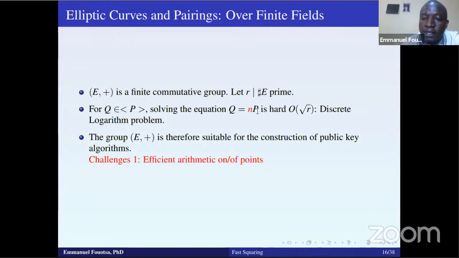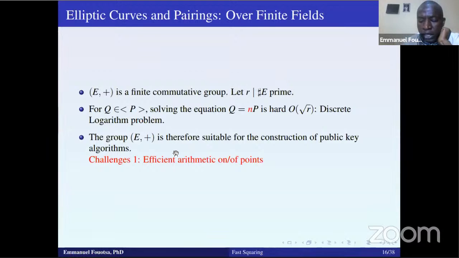The complexity depends exactly on the largest prime factor of the order of the group. This problem is called the discrete logarithm problem. It's the problem that underlies the security of protocols constructed on elliptic curves.